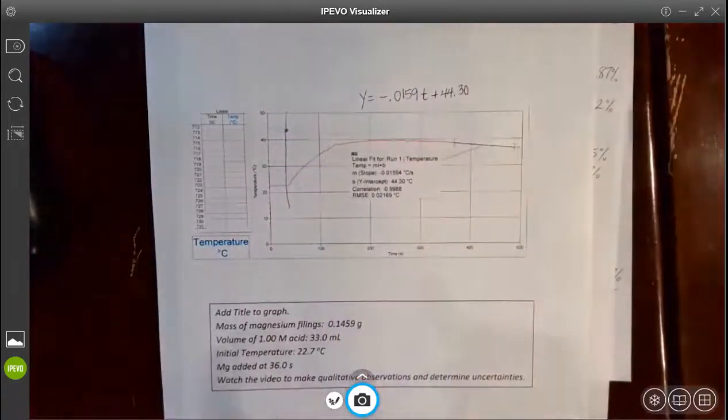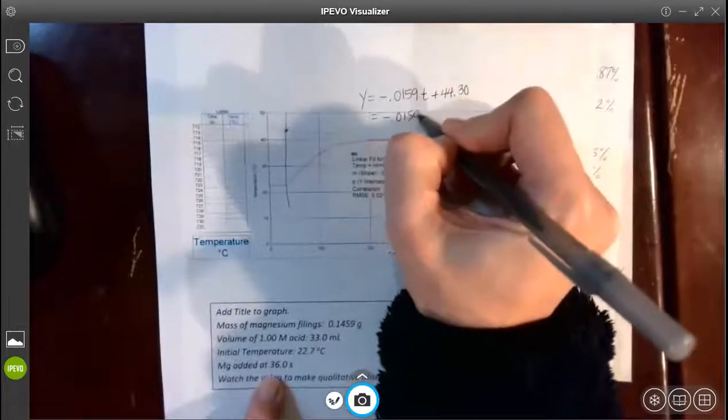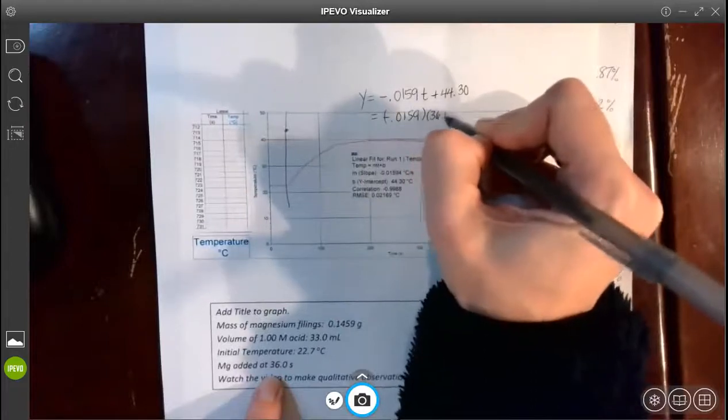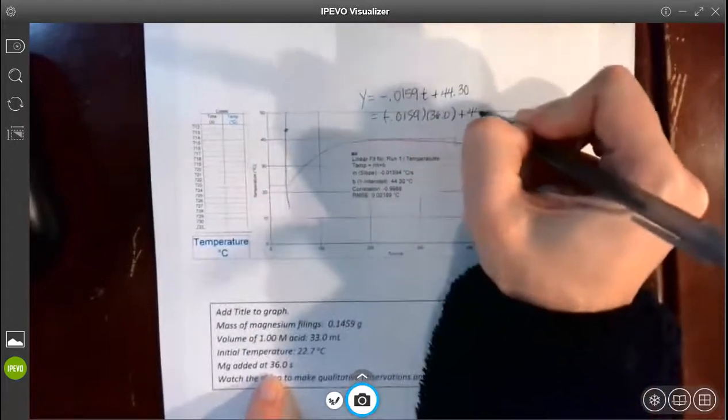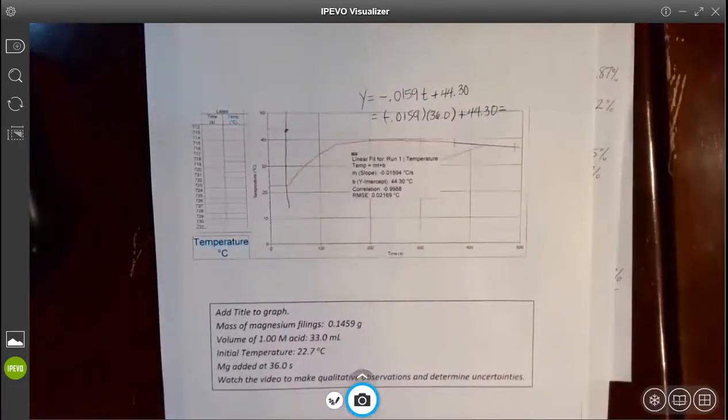Okay, so for this person's experiment, the magnesium was added at 36 seconds. So you're going to do negative 0.0159 times 36 seconds plus 44.30. And that's going to give you your final temperature.